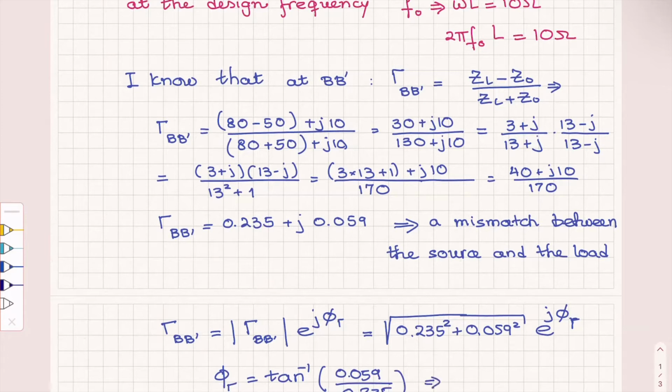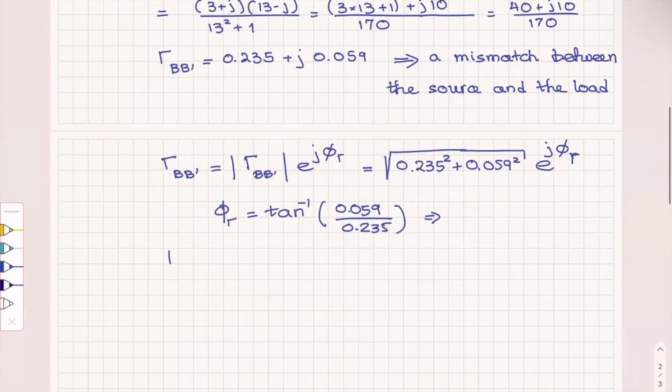And what I find from here is that gamma sub B prime is equal to, let's find the square root first, 0.235 squared plus 0.059 squared, square root, about 0.242, and then it has a phase.